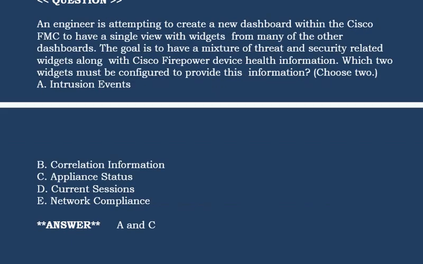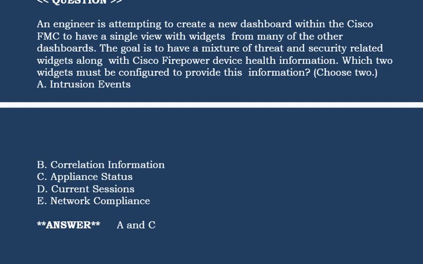Next question is, an engineer is attempting to create a new dashboard within the Cisco FMC to have a single view with widgets from many of the other dashboards. The goal is to have a mixture of threat and security related widgets along with the Cisco Firepower device health information.